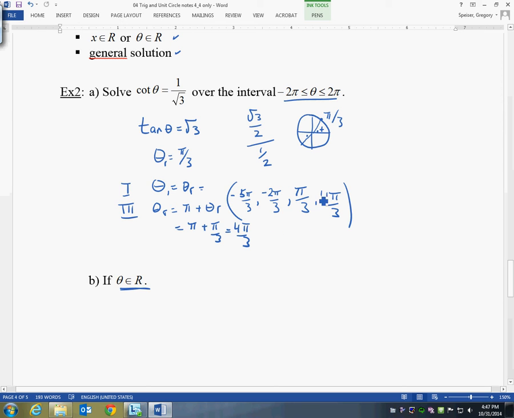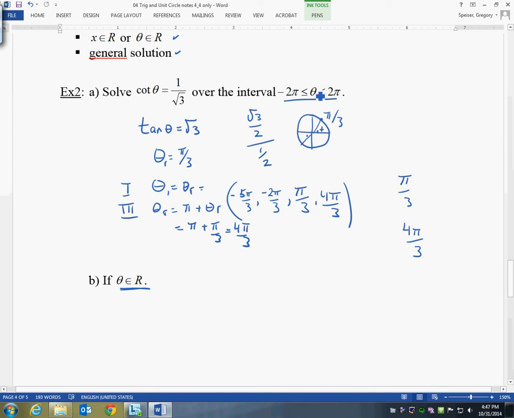Again, how we got that is we took our answers in a positive direction for one rotation, and then in the negative direction for one rotation. Another way we could have done that is if we had the pi over 3 and the 4 pi over 3, I can either add 2 pi or subtract 2 pi to find the ones that are coterminal.